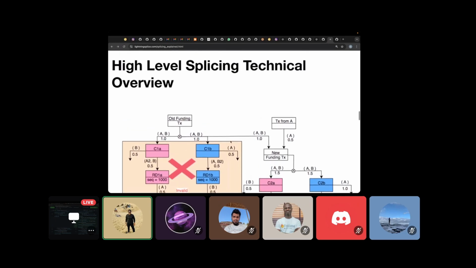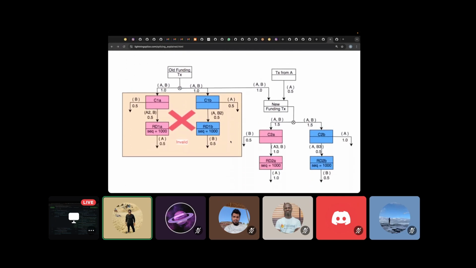Now this is the high level technical overview of splicing. As you can see, there was this Lightning channel, and this was the old funding transaction between A and B. These are the states that were created while you were running the Lightning channel.